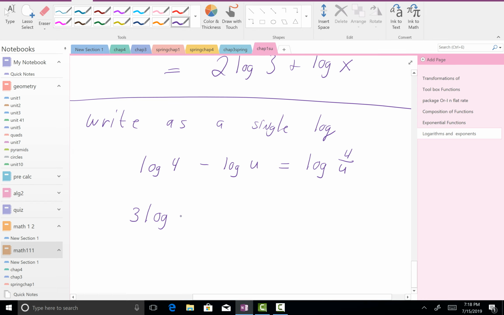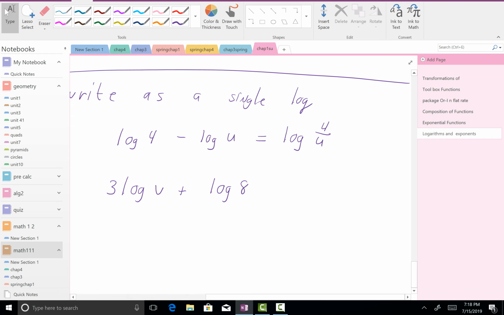Three log v plus log 8. Now we have one like this. Plus means what are we going to do with the two things in the logarithm? Multiplying. But we have this, so we have to be conscious of that.